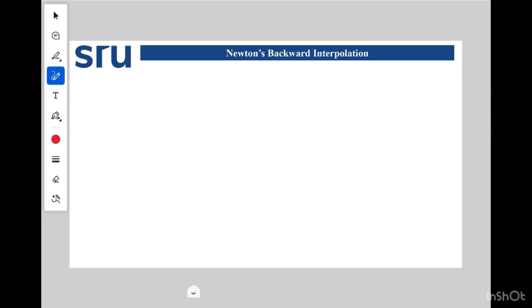Now I am going to write the Newton backward interpolation formula directly, because I will not give you the whole proof here as it would take too much time.